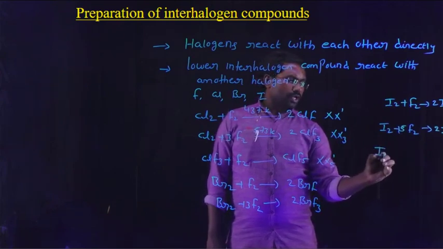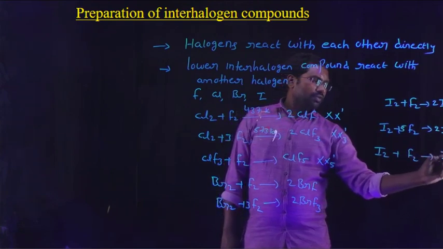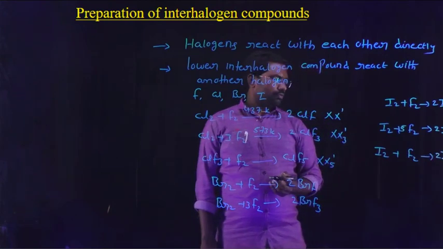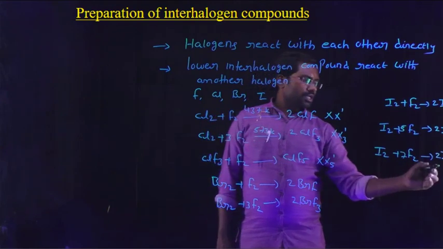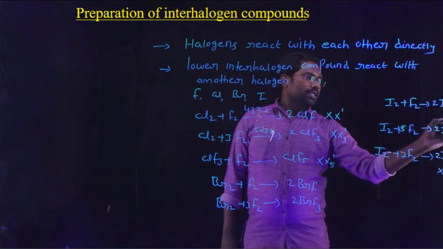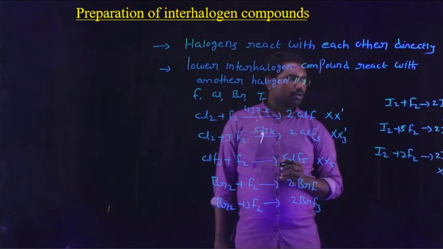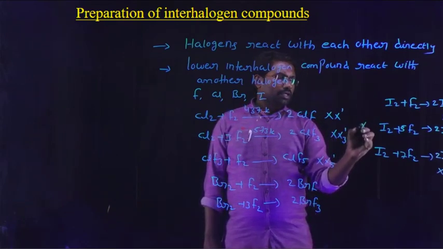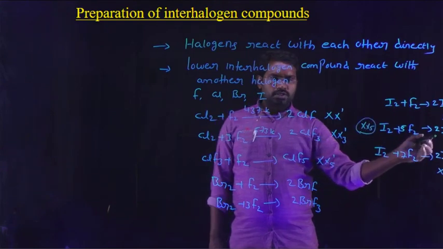Here also iodine again reacts with fluorine, it is able to form IF7, 2 iodines and 14 fluorines. So this is the XX7' type of interhalogen. This is the XX5' type. So this is the example for the XX5' type of interhalogen compound.